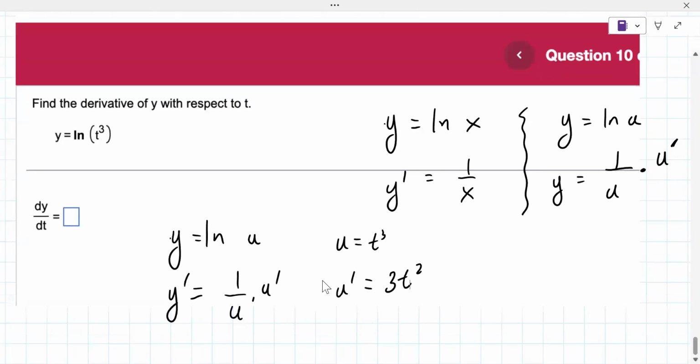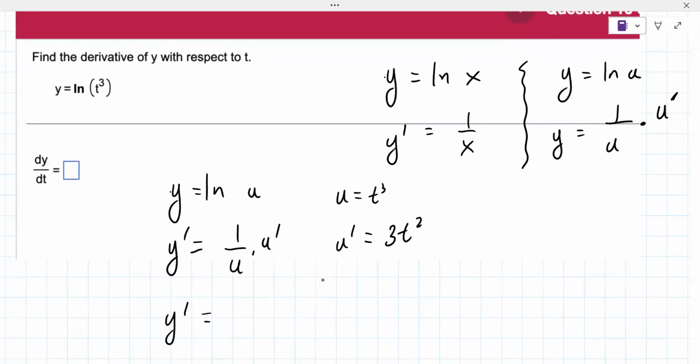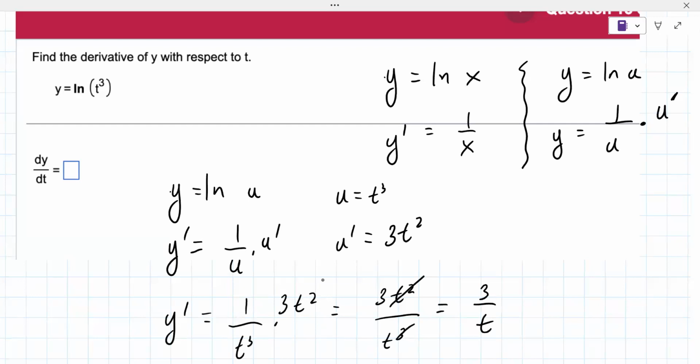So now you plug those back in. You say, okay, y prime is 1 over t cubed times 3t squared, which is 3t squared over t cubed. And then you can simplify. T squared over t cubed is 1 over t, so it's 3 over t.